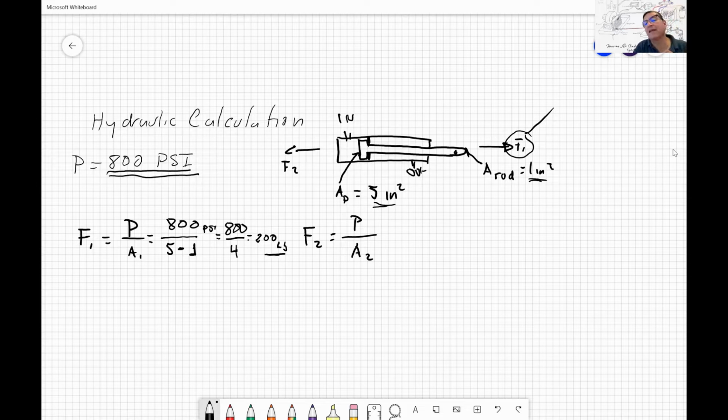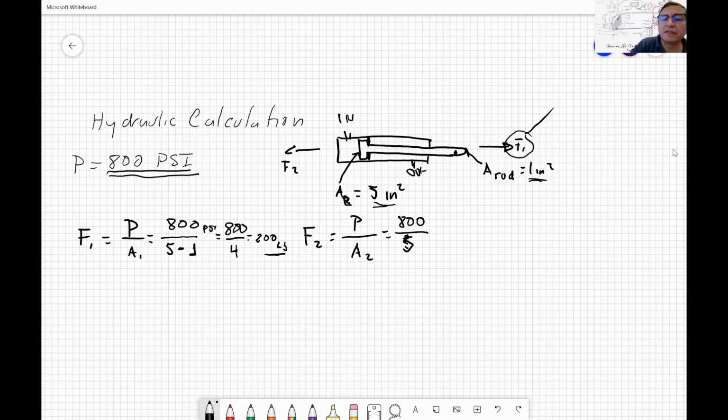Ready? And now we are going to calculate the force number 2. The force number 2 is 800 times the area number 2. This is the area number 2. How much is that? It's 5 square inches, the big area.